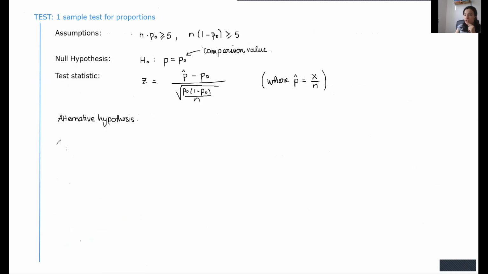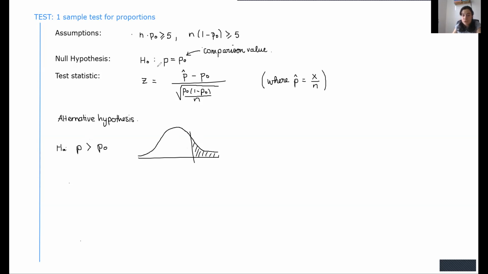So if I'm trying to provide enough evidence to say that the actual population proportion is larger than the comparison value, then I'm going to reject the null hypothesis. I'm going to have enough evidence if I get a large enough proportion over here.